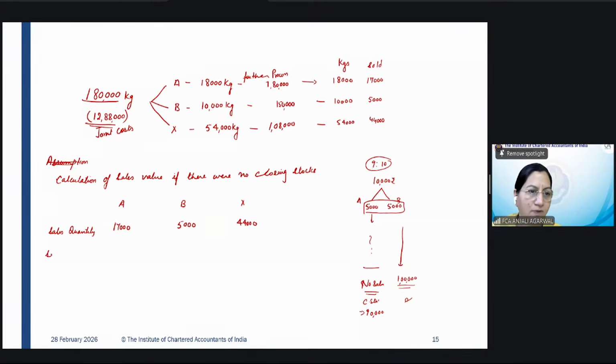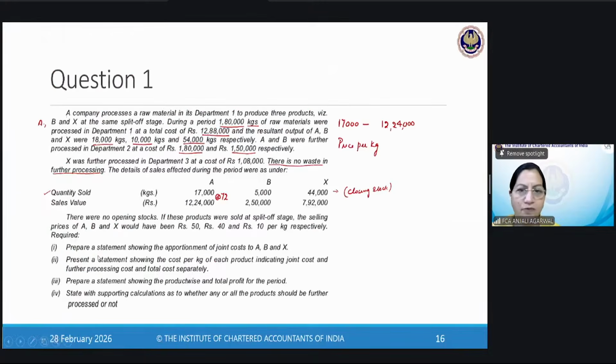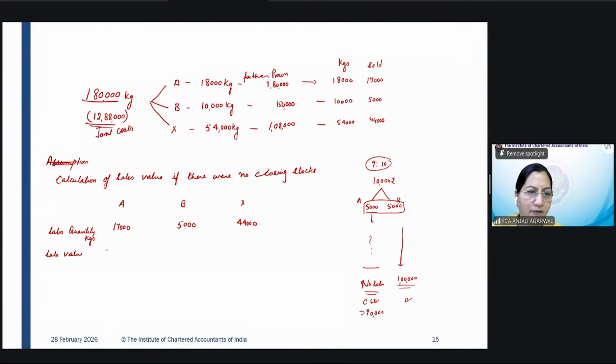Sales value: 12,24,000, 2,50,000, and 7,92,000.